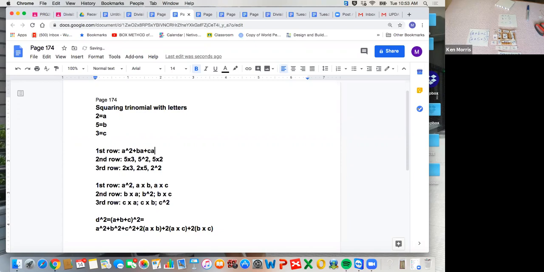My second row will be ab plus b squared plus cb. And my third row will be my bottom row, ac plus bc plus c squared. Okay, I'm going to get rid of this. I don't really need it.